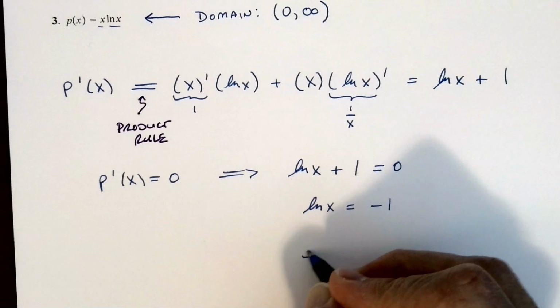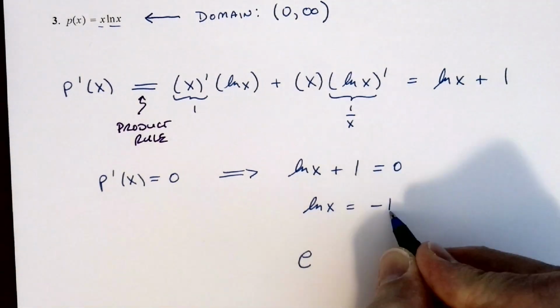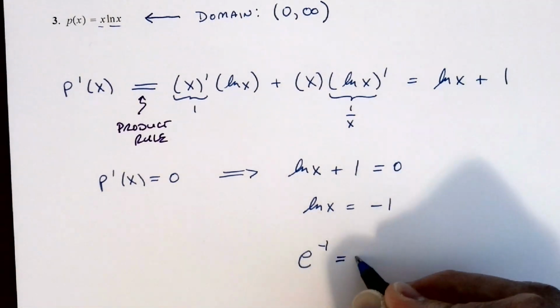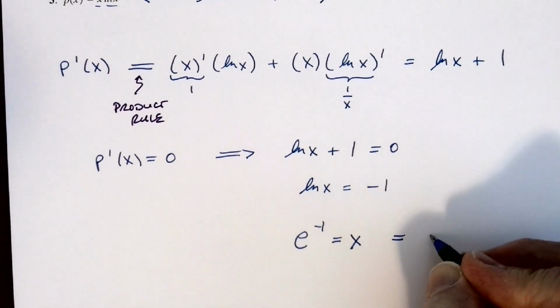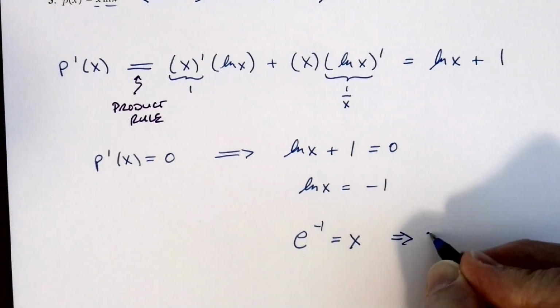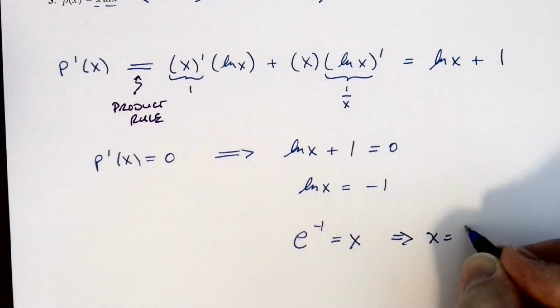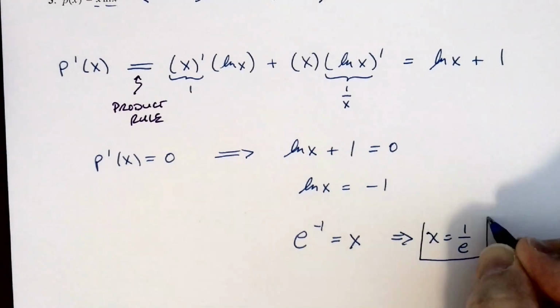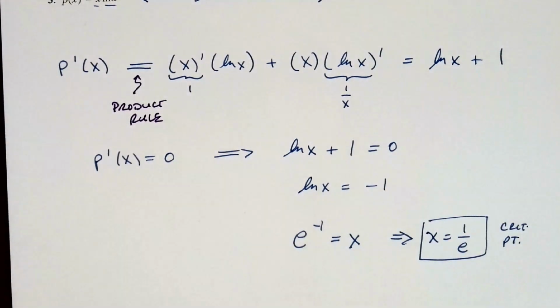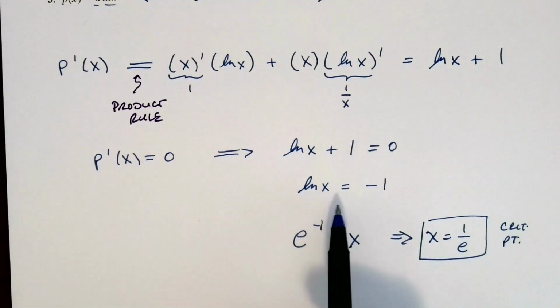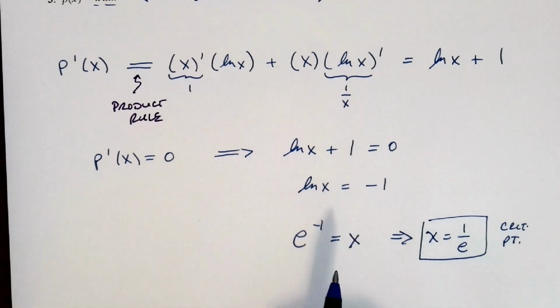So the base e raised to the logarithm, which is negative 1, must be equal to x. So this tells me that x equals what? E to the negative 1 is 1 over e. That's the critical point. Okay. So again, you might need to review how to solve logarithmic equations. Very important. You'll encounter them from time to time.